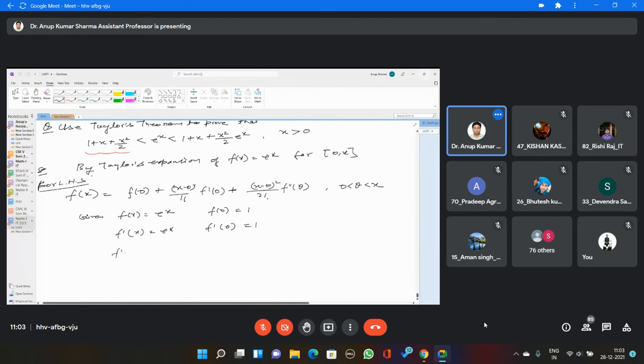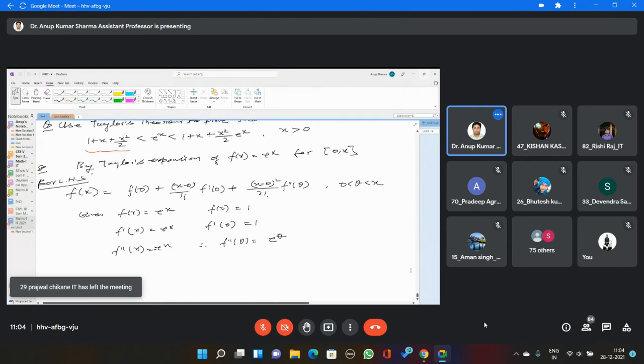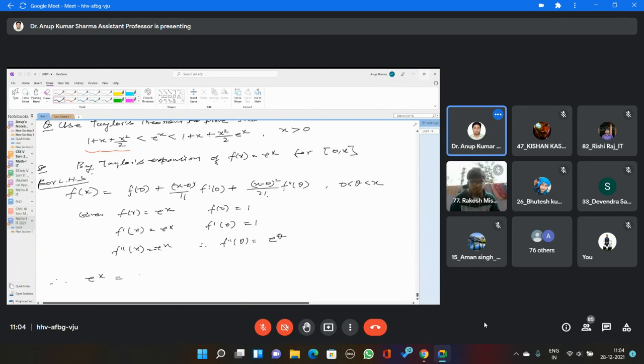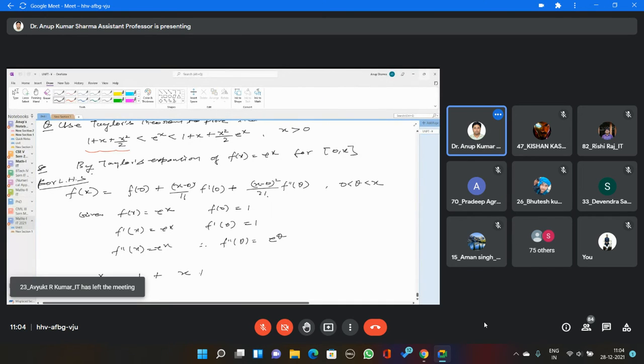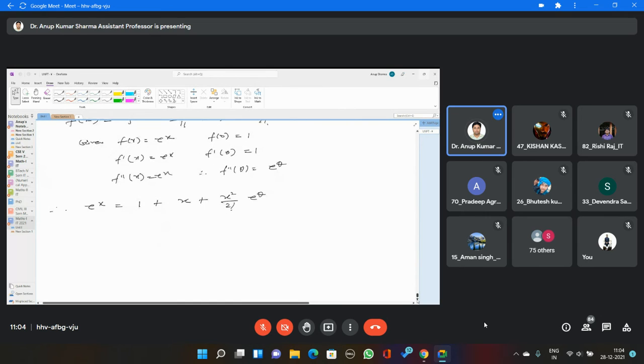And f double dash of x is e to the power x. Therefore f double dash of theta is equal to e to the power theta. Therefore e to the power x is equal to 1 plus x, since f dash 0 is 1, and the other is x square upon factorial 2 times f double dash, e to the power theta. So these are the expressions.